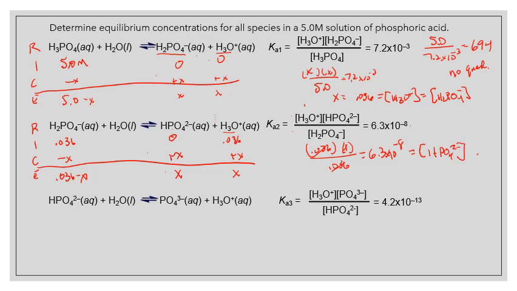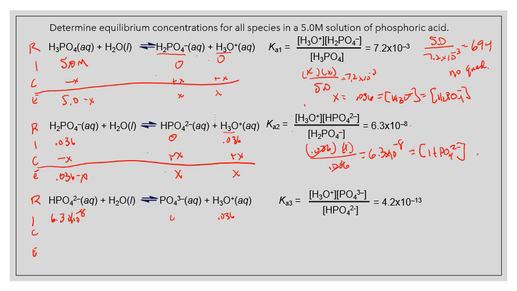Now we have one more to go. Same thing, I can set up my RICE table here, and my initial concentration will be 6.3 times 10 to the negative 8th for the HPO4 2-. However, for the H3O+ concentration, it is still going to be the 0.036, because again, if I take 0.036 and I add 6.3 times 10 to the negative 8th, it is still going to essentially be 0.036.